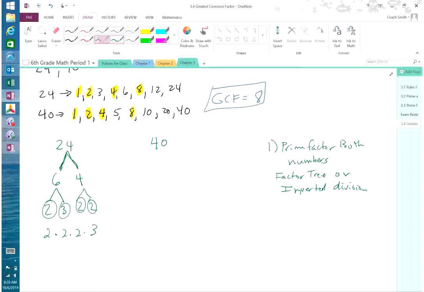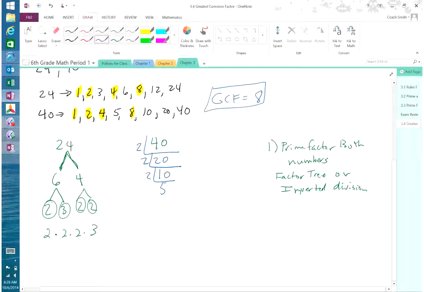Now, the 40, we have to prime factor. I'm going to use inverted division for it. That would be 2, 20, because with inverted division, you only use prime numbers. First prime number is 2. 2 goes into any even number, so therefore I'm just going to start with 2 and use it till I can't use it anymore. 2 goes into 20, 10 times. 2 into 10, 5 times.